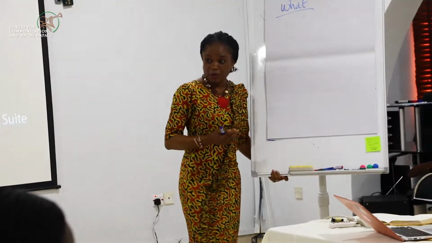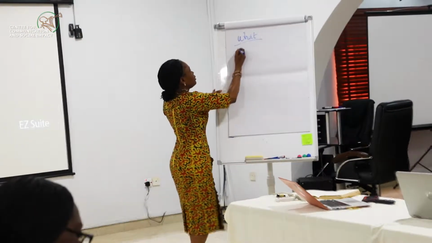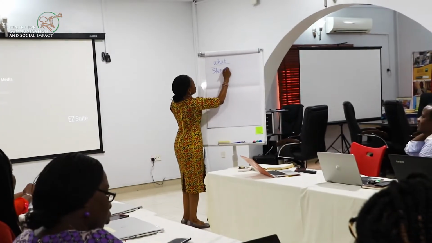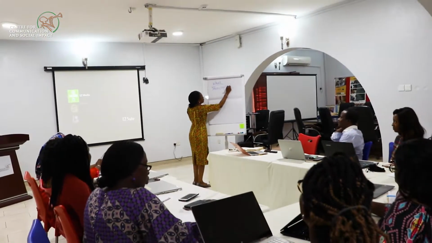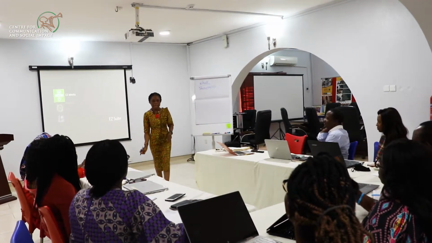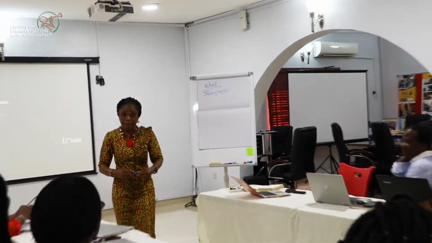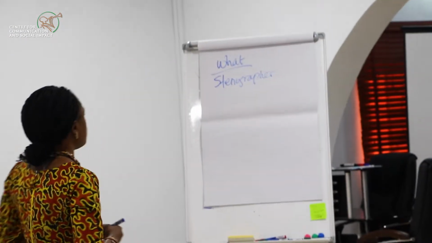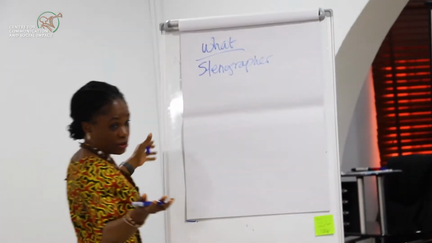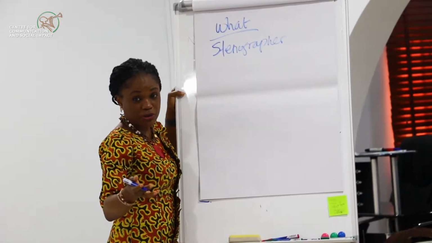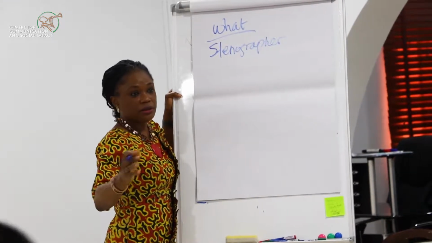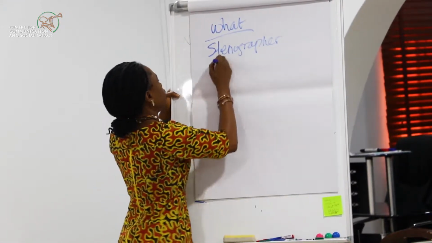So you know there are different types of reports. Who knows what a stenographer is? Word for word. So in the kind of work we do, it's like doing what? We do it also. What do we call it? Transcription.